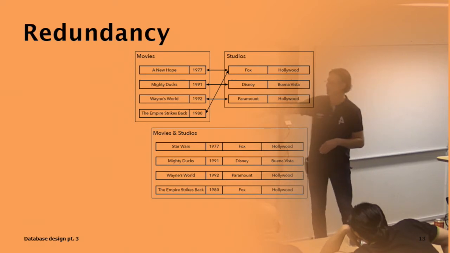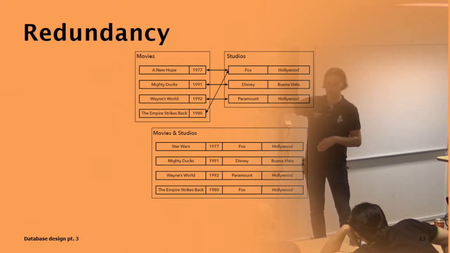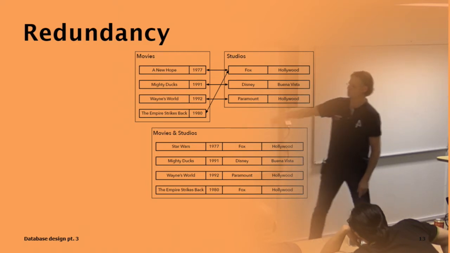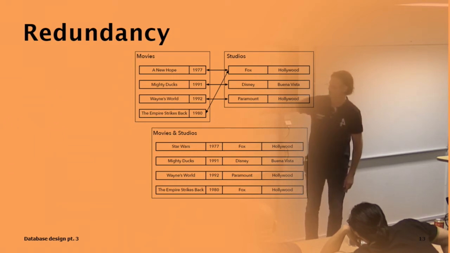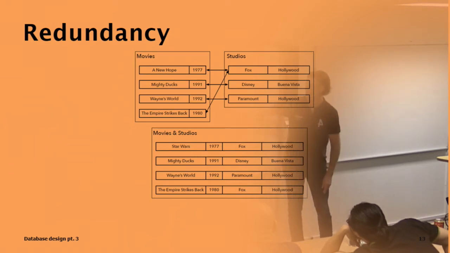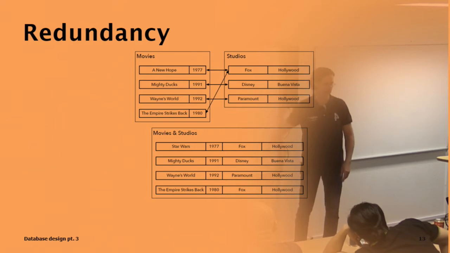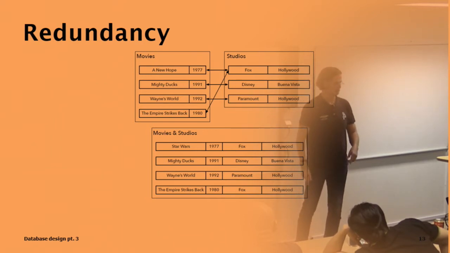But if you move over to the lower one, which is the redundant one, what happens if I change Star Wars, that instance, I changed the address to Stockholm, but not the one that has the Empire Strikes Back. So the first one says Stockholm, and the second one says Hollywood. And that's where your problem starts.